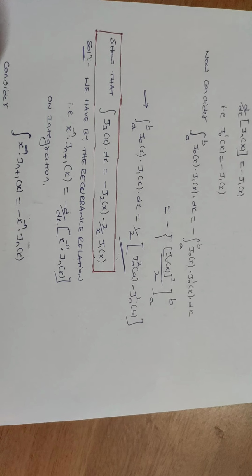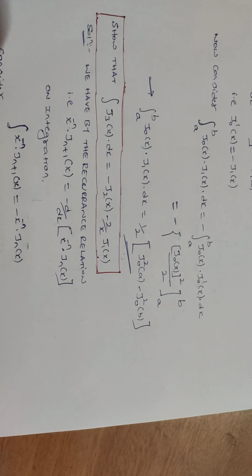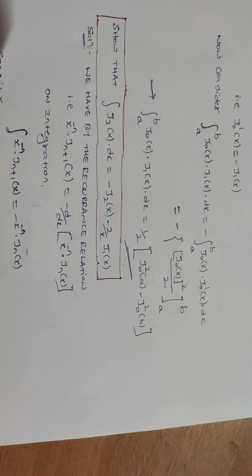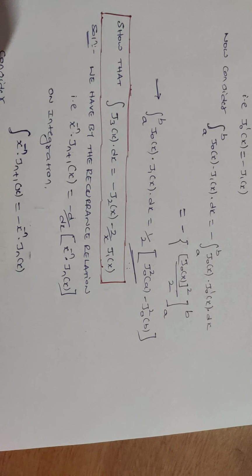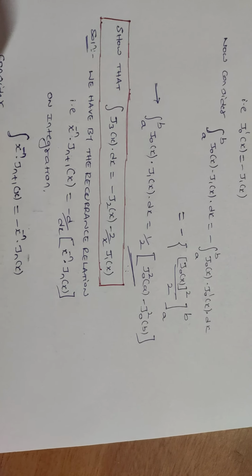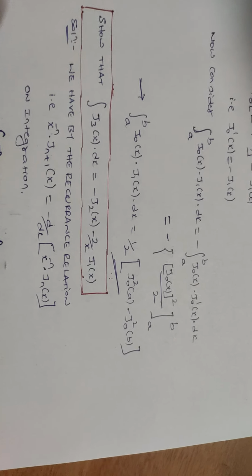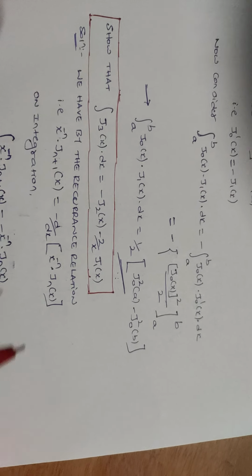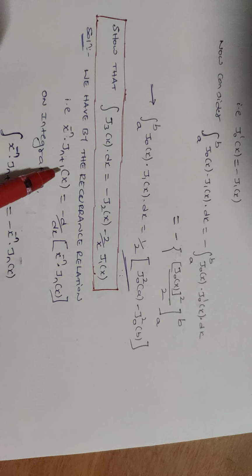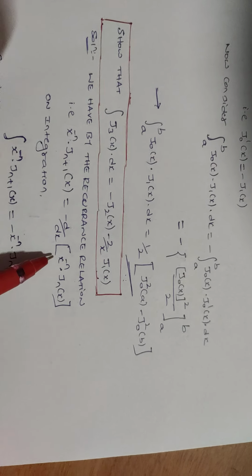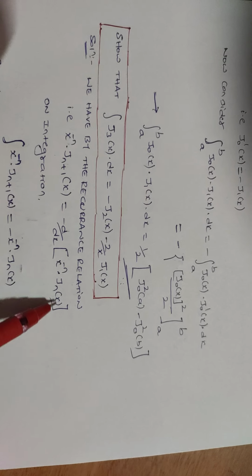Now we prove that integral of j3 of x dx equals minus j2 of x minus 2 by x into j1 of x. Again, for proving this, we consider the recurrence relation x to the power minus n into j n plus 1 of x equals minus d by dx of x to the power minus n into jn of x.